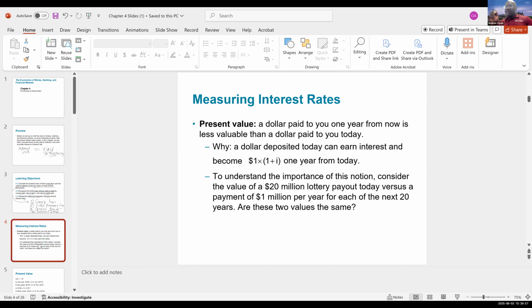Because the $100 given to you today is more valuable than the $100 that's going to get paid to you next year. Why? Because you're going to receive $100, put it in the bank, and it's going to earn interest. After 1 year, it could be worth $110. So a dollar paid to you today is worth more than a dollar paid to you tomorrow. That is the whole concept of finance.